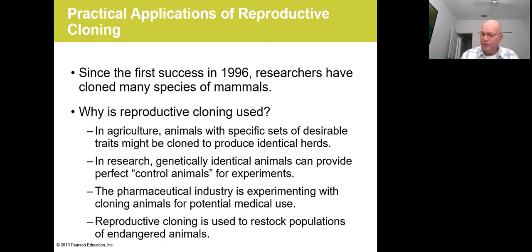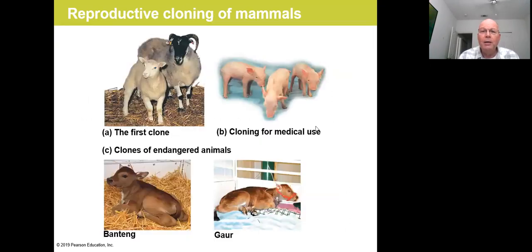There has been work done in the pharmaceutical industry, and I'll just show you this picture, I guess, of cloning pigs with a human immune system. And you might ask, why do we want to clone pigs with a human immune system? Well, one of the issues that we have, as far as humans are concerned, is having enough transplantable organs.